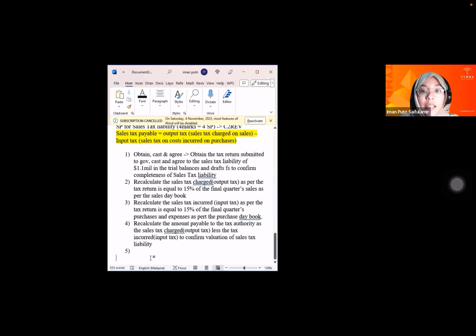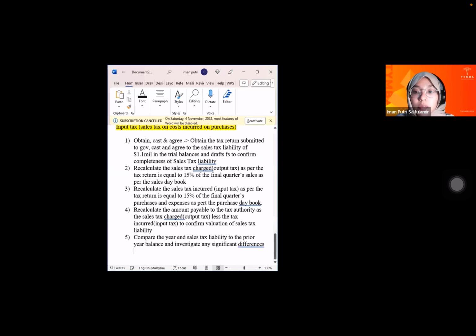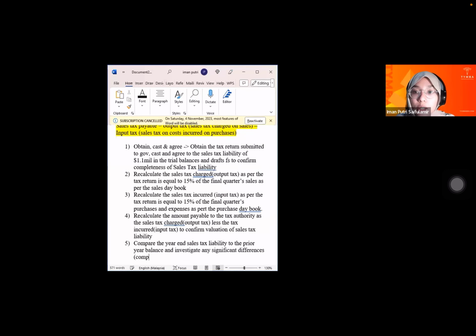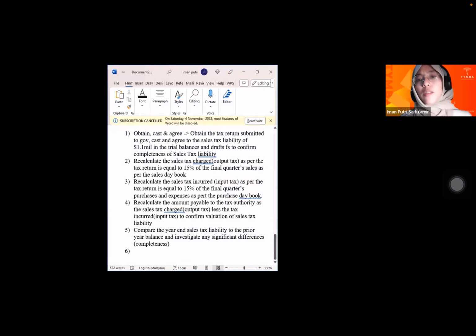Another thing that we can do is perform analytical procedures. Actually, when we do analytical procedures, this is also a form of confirming the completeness. We want to compare the year-end sales tax liability to the prior year balance and investigate any significant differences. This is to ensure completeness, to assess that no sales tax liability has been omitted, for example.